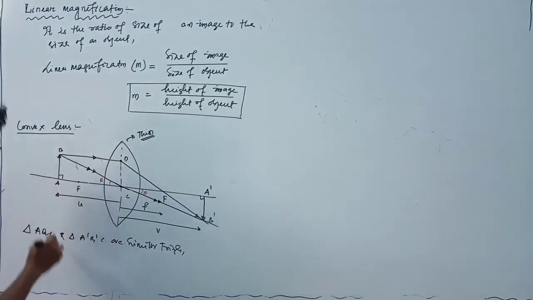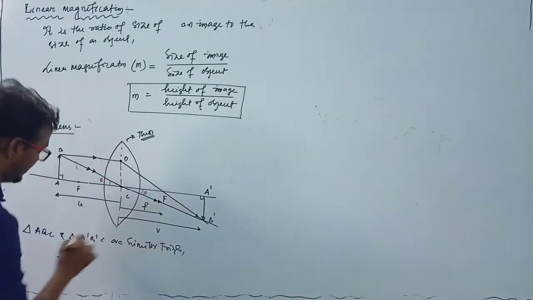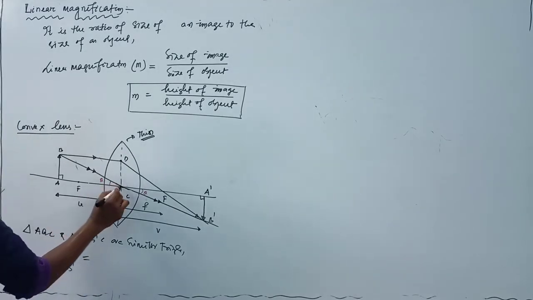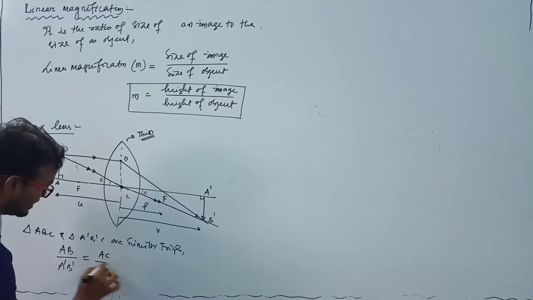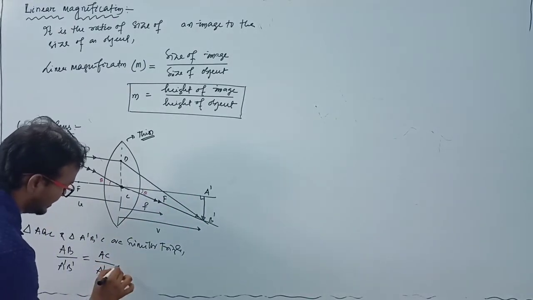So AB divided by A dash B dash equals, because point C is the common point, AC divided by A dash C.